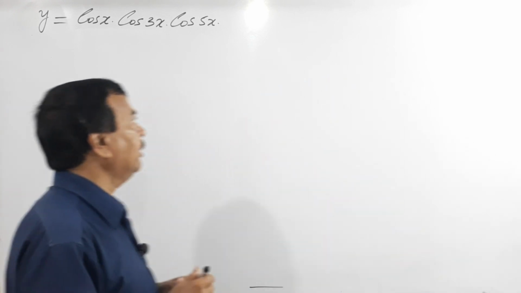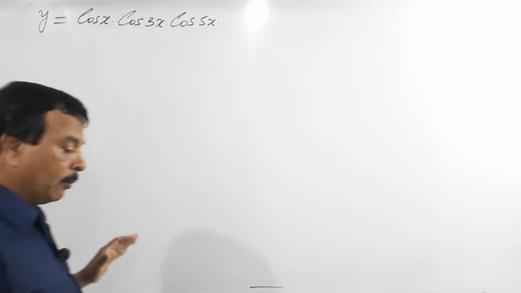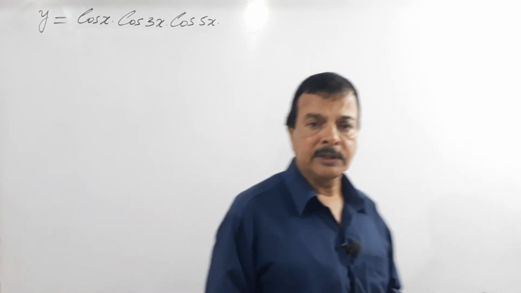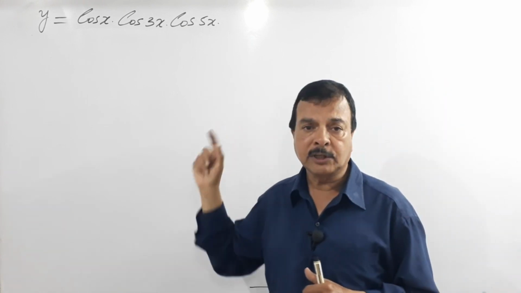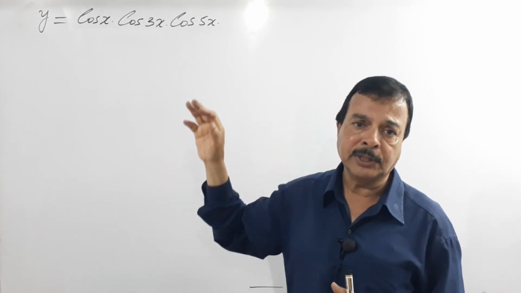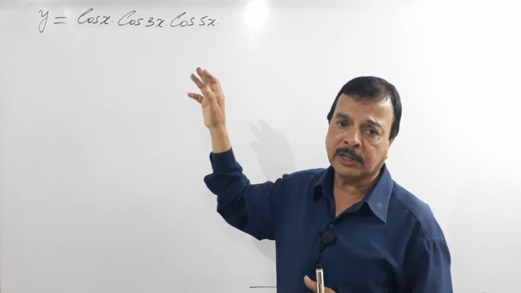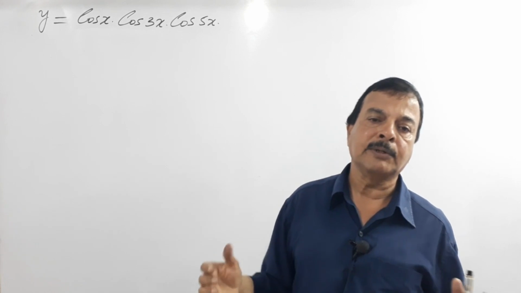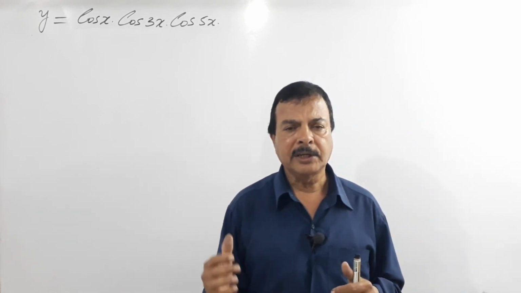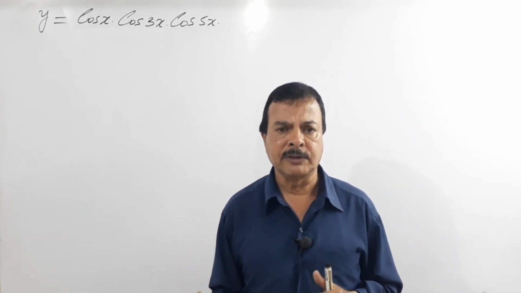Most importantly, I have seen some YouTubers solve this problem, where the values might be changed, such as cos x, cos 3x and cos 4x, but the same problem has been solved in a very tedious, cumbersome and confusing way.